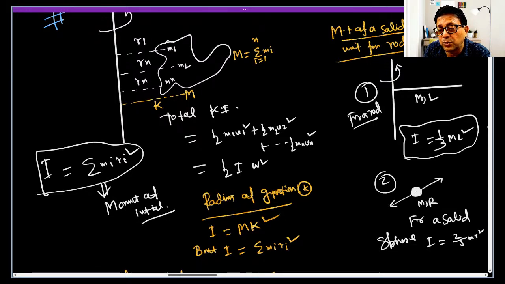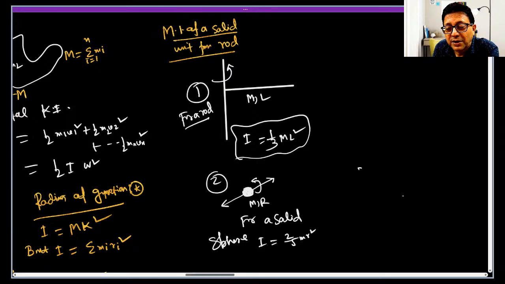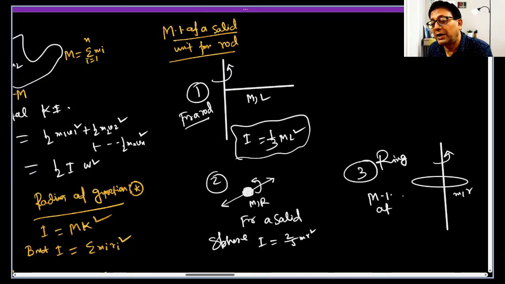It's rotating about its own axis. Then moment of inertia is 2/5 mr square. For a ring, this ring, its mass m, radius r, moment of inertia for a ring is mr square.